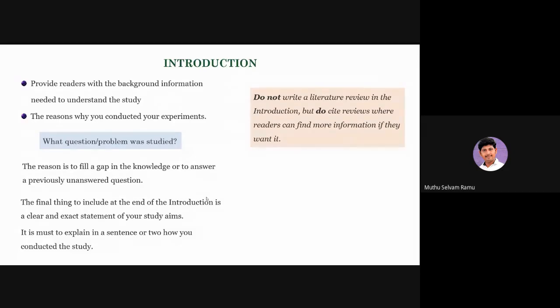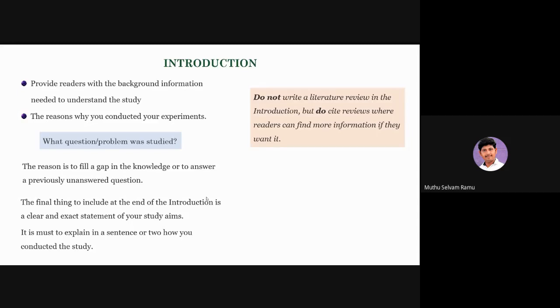And also, the final thing to include at the end of the introduction is a clear and exact statement of your study aim. In the majority of introductions, the content is broken into 4 to 5 paragraphs, mostly 4, with 3 long paragraphs and the fourth one being the study aim.